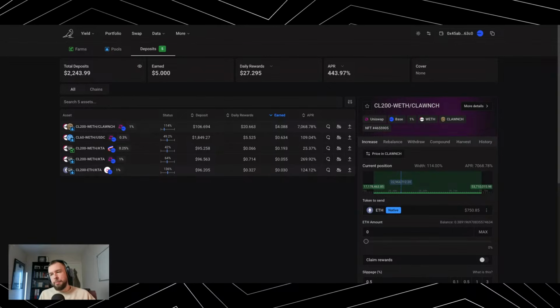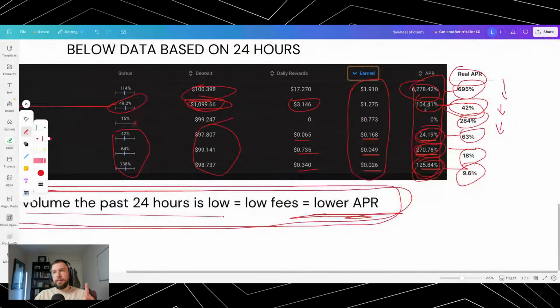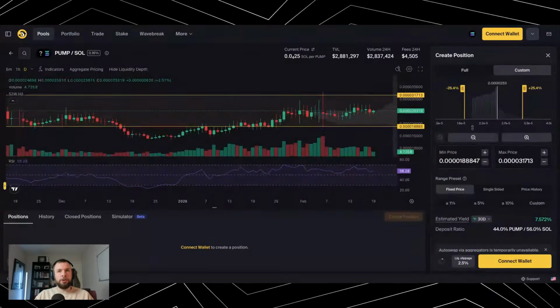But the mistake people make is, for example, they're in an ETH USDC pool. They've done the maths, and in just one day, seen that instead of 104%, it's 42%. Then they do a test, let's say on Orca, and they go, oh, well, Solana's better because there's more volume in this pair.